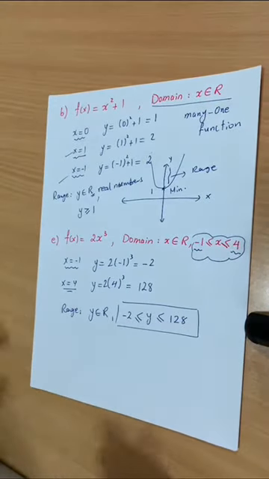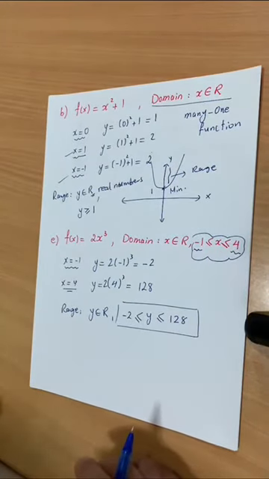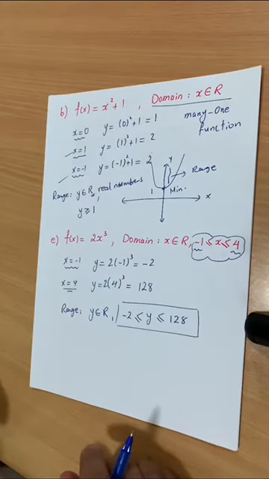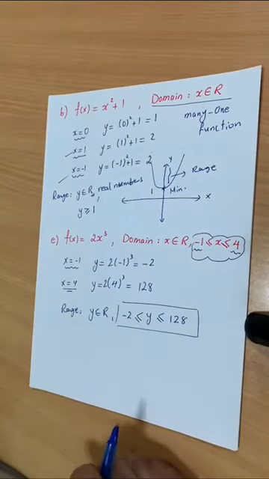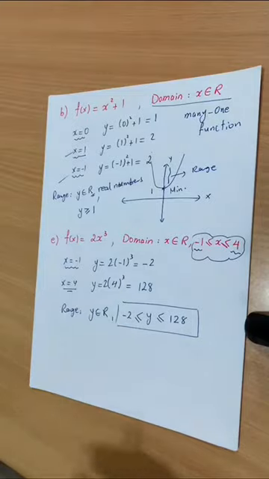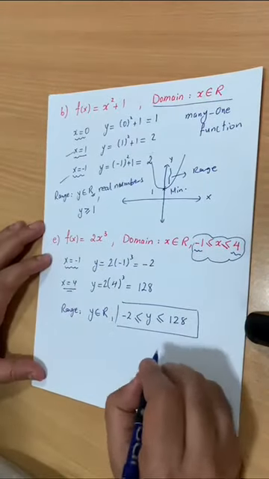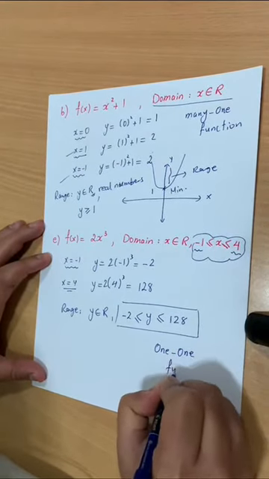This is the range. Now we have to state, is it many-to-1 or 1-to-1? Basically in the cubic function, you couldn't say many-to-1. Whenever you're using positive, you'll find positive, negative will give you negative, not like the quadratic, the parabola, where positive and negative will give you the same value. So here the type of the function is 1-to-1 function.